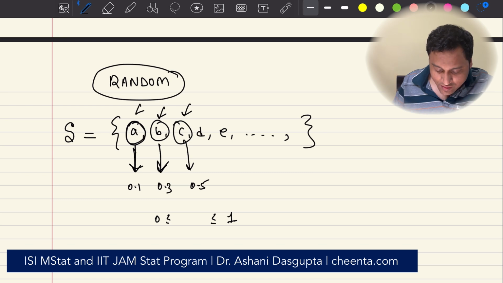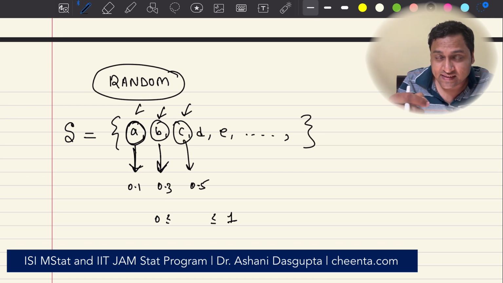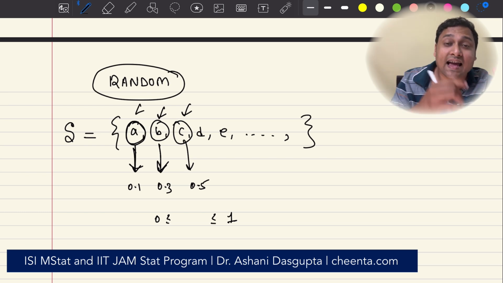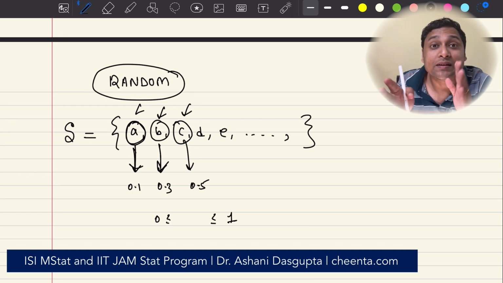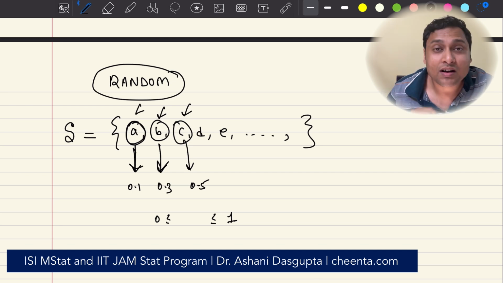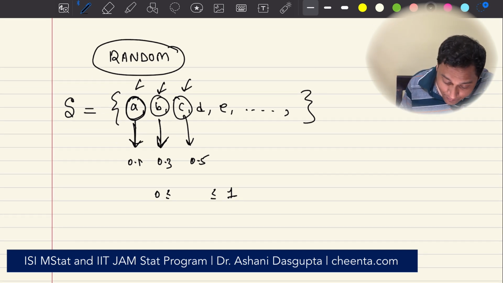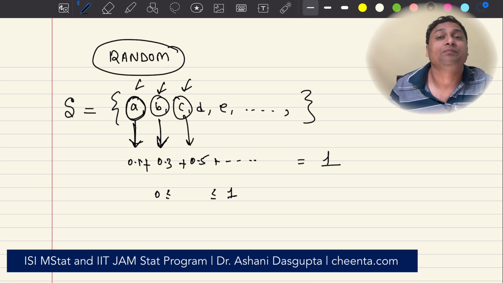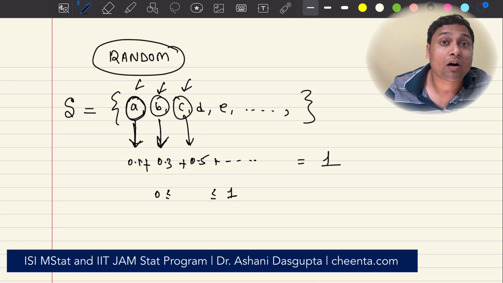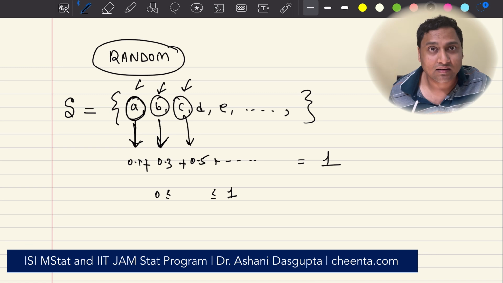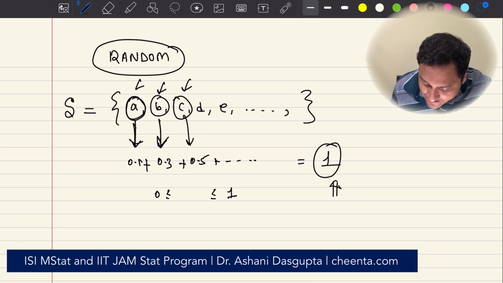Okay, so you take an element in the space S. What the probability function will do is take that element as an input and give you a number between 0 and 1 as an output. There is one more condition. If you add up all of the outputs of the singleton elements, the sum should be 1. 1 means everything.